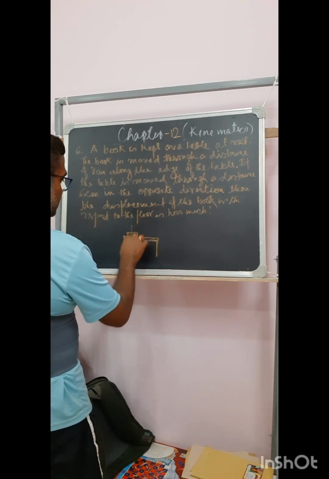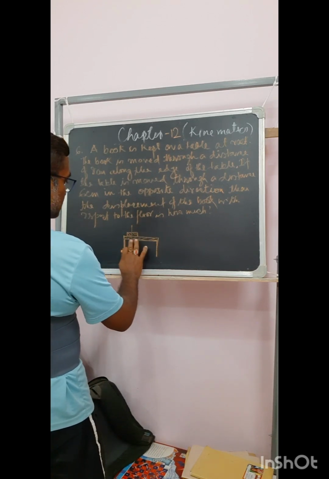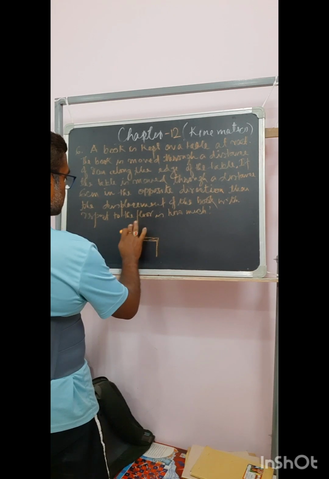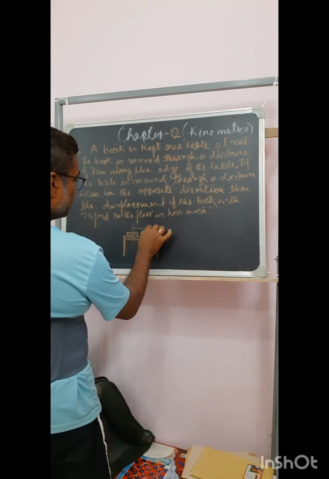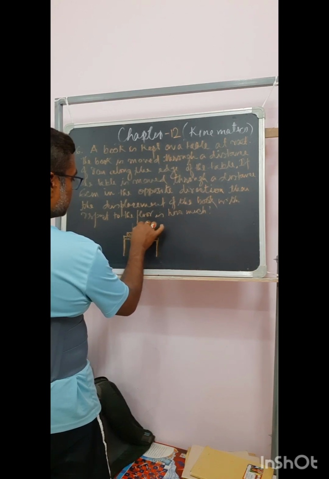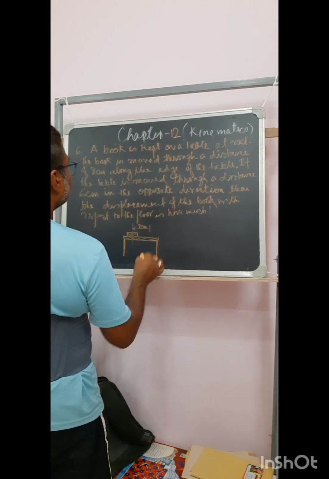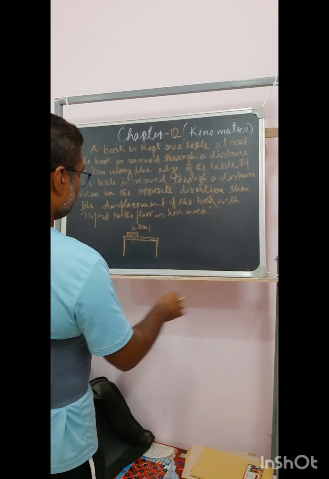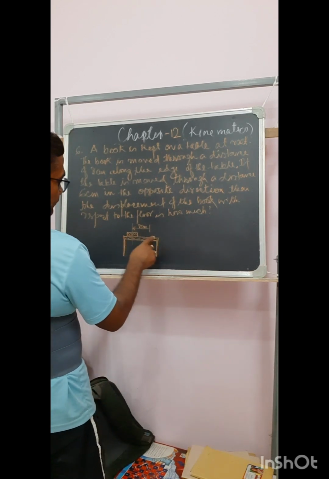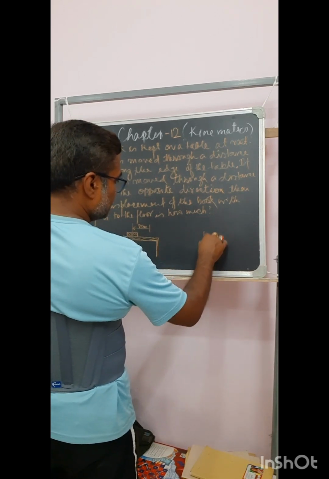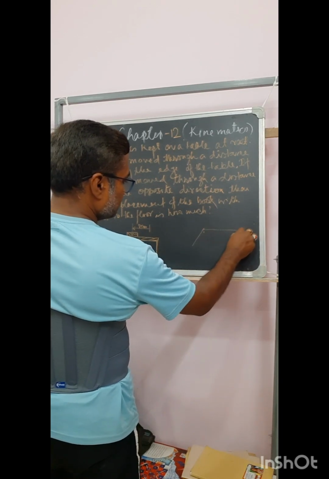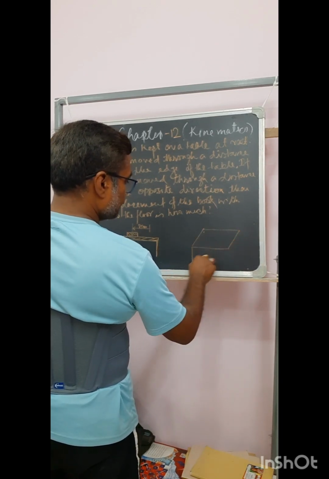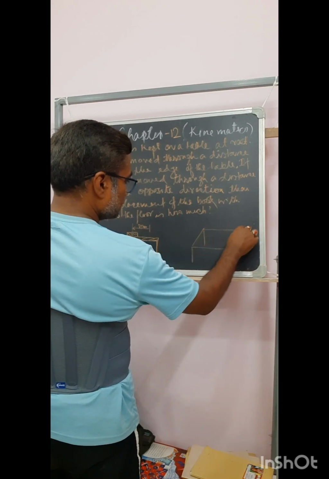So let me assume that the center line of the book is this, and this is moved by a distance 8 centimeter along the edge of the table. So it is following the edge, because the table, if you see from the top, will be seen like that, and it must have 4 legs.